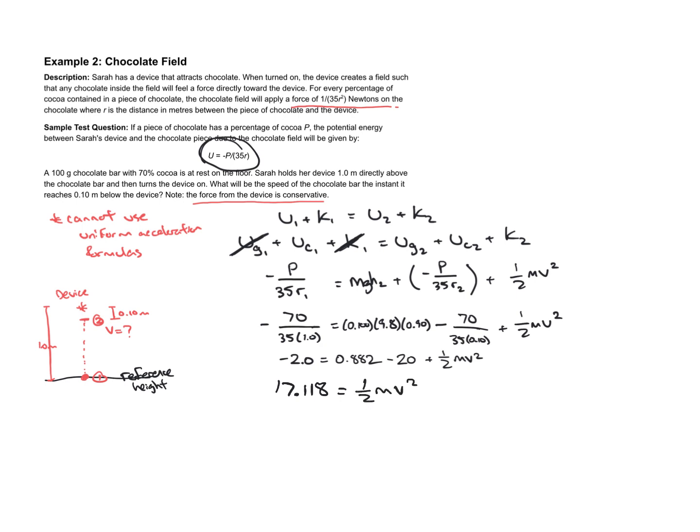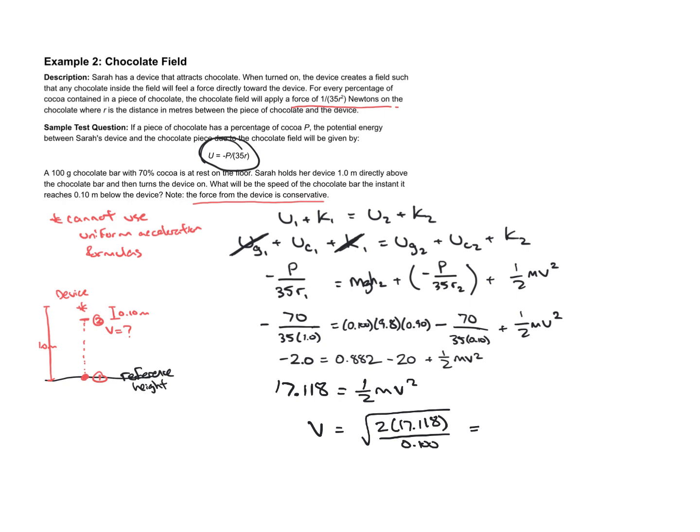Now is when I can rearrange and solve for v. So the speed will be the square root of 2 times 17.118, just doing the algebra here, divided by the mass. The mass is 0.1. It's plus or minus, but the minus is inadmissible.